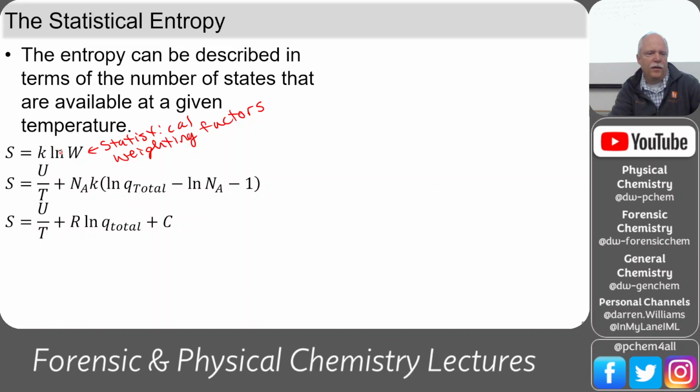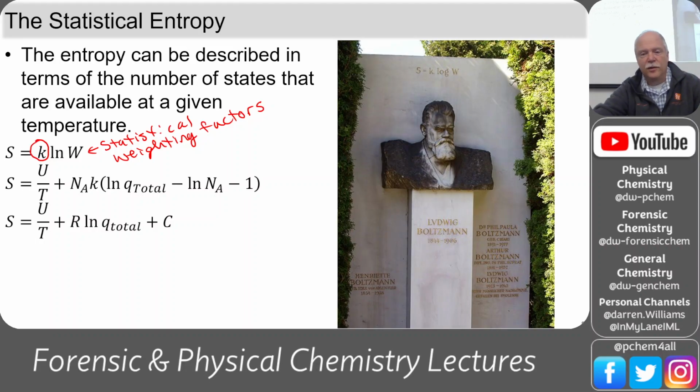And the natural log of those weighting factors times this constant, K, which turned out to be Boltzmann's constant, was the definition of entropy. And this equation was so successful that the foundation honoring Boltzmann put it on his tombstone. So that's pretty cool. This is his gravestone, and he's got the entropy equation on it.